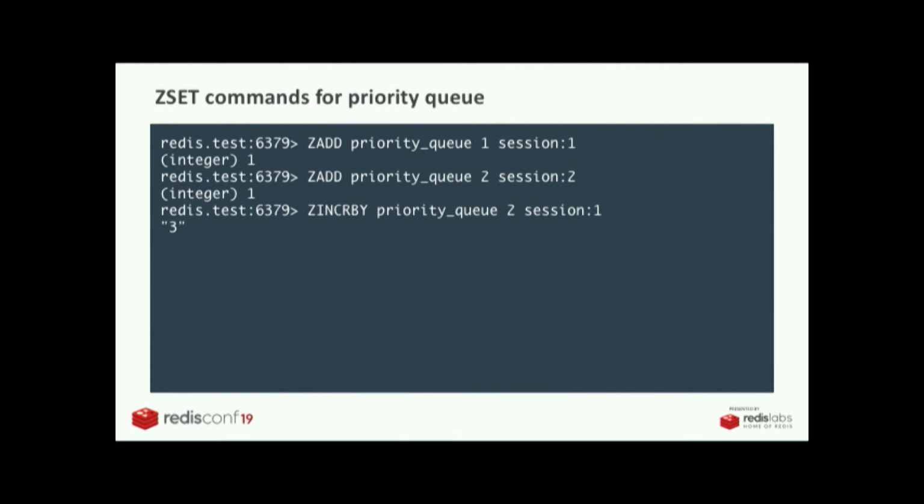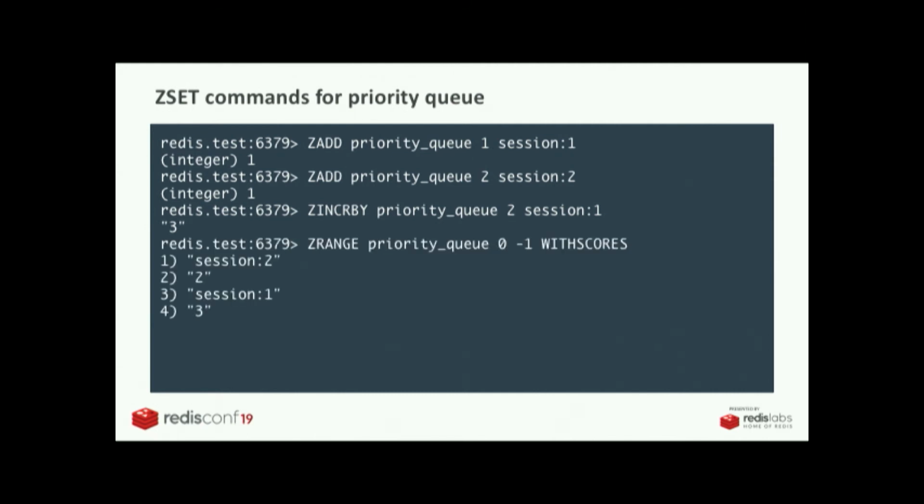So now, because session 1 was my session and session 2 was yours, I'm going to bump my priority by 2. So my new priority, as you see here, is 3 with zincrby. And now you see my tests. I do zrange priority queue 0 to -1, so all elements with scores.